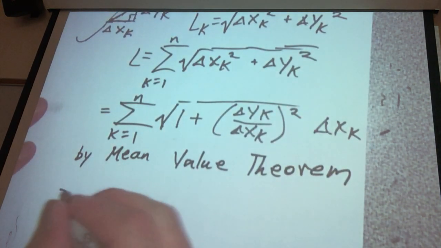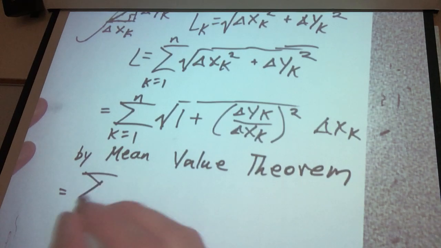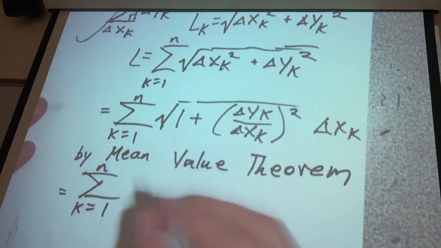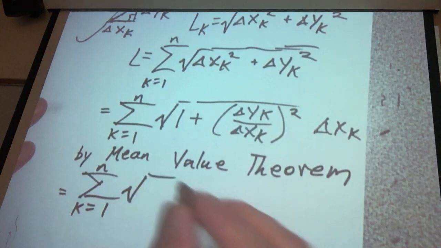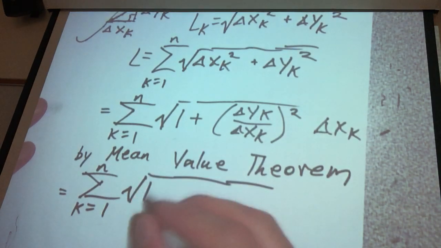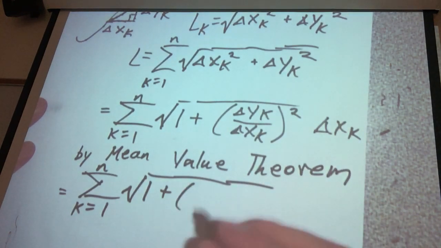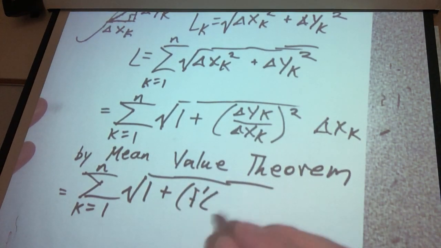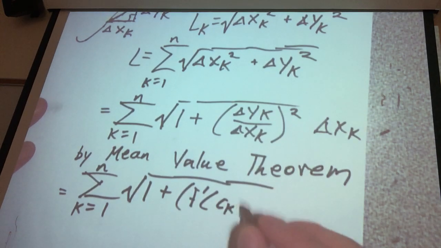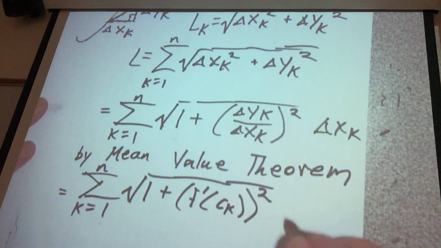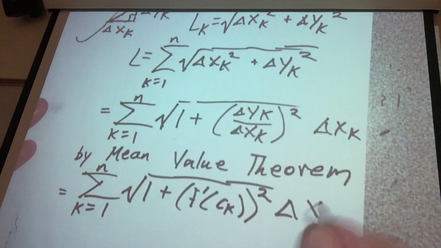this thing is going to equal the sum, k equals 1 to n of the square root of 1 plus, I'll write it like this, f prime of c sub k squared, and then multiplied by delta x sub k.